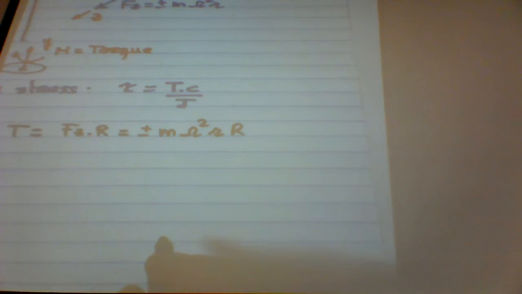T for us would be equal to Fc times R, so it would be the same as before, plus minus M capital omega letter R capital R. What would be C?